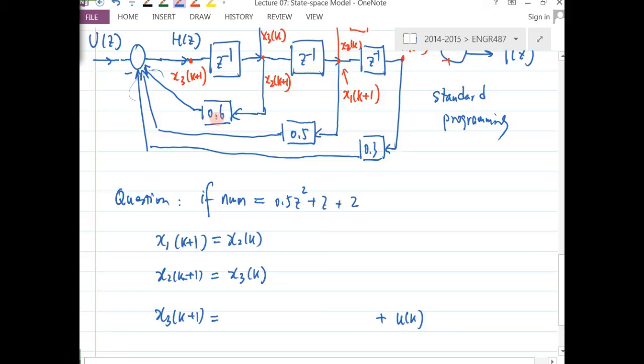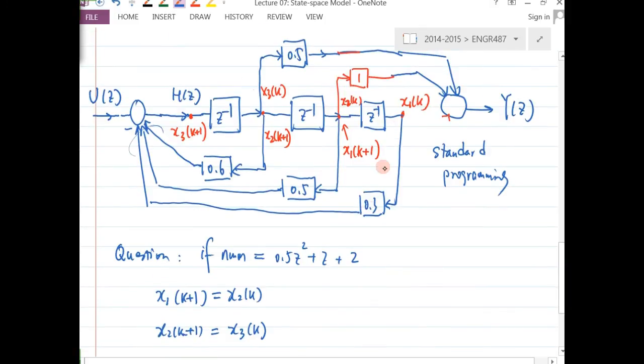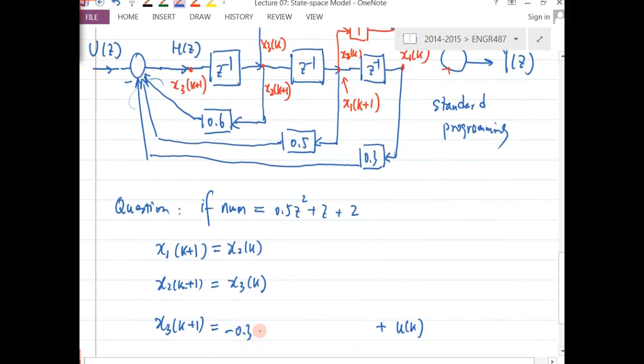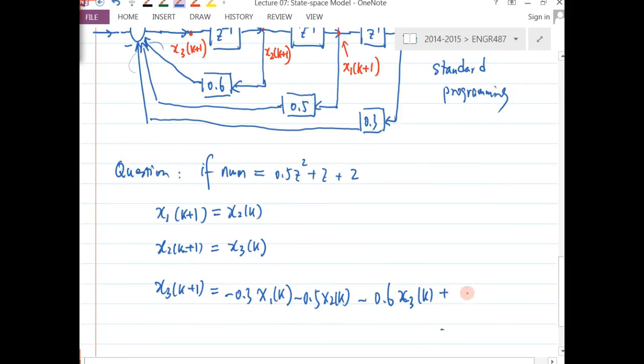It's subtracting 0.3 times which signal? 0.3 times x1, so negative 0.3 times x1, minus 0.5 times x2, and minus 0.6 times x3, and then plus u of k.